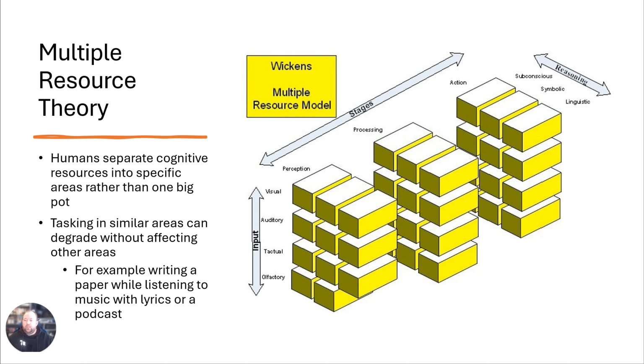So Chris Wickens proposed the multiple resource theory, that humans actually separate cognitive resources into specific sub-pots, let's say, or sub-buckets. So tasking in similar areas can degrade without affecting other areas.